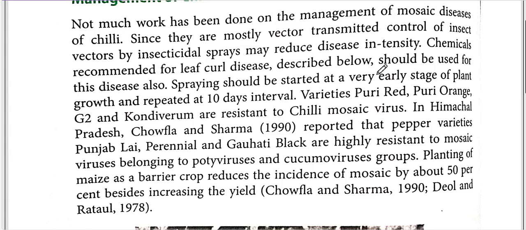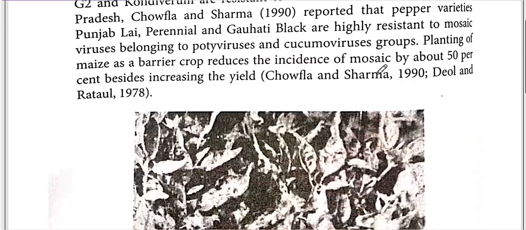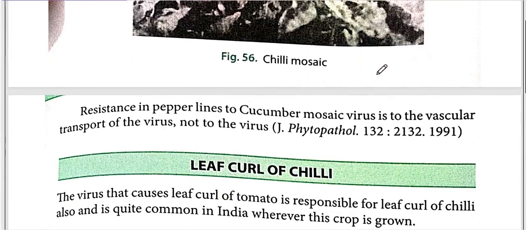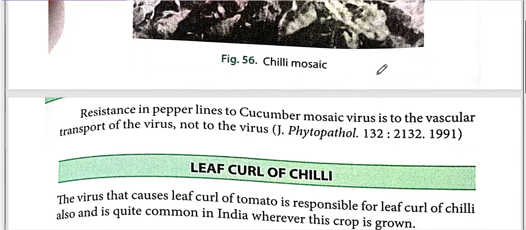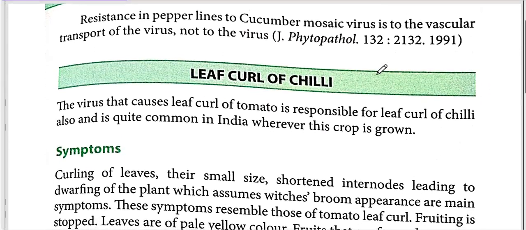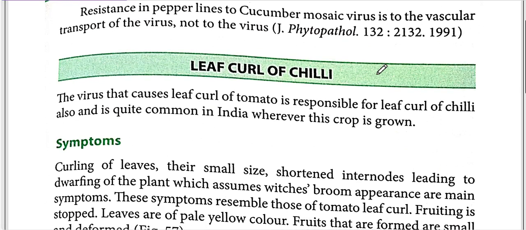Planting of maize as a barrier crop reduces the incidence of mosaic by about 50%, besides increasing the yield. Resistance in pepper lines to cucumber mosaic virus is to the vector transport of the virus, not to the virus.